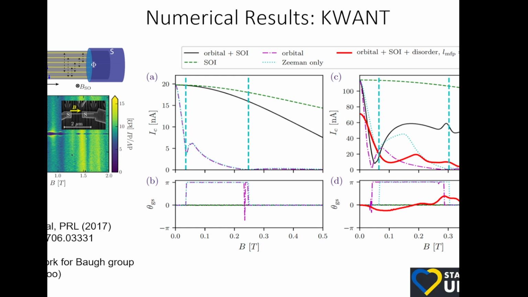But that's sort of below the one subband regime. So the Coulomb interaction is sufficiently screened. Yeah, sufficiently screened. That's right. In principle, but it's not part of this calculation. The electron-electron interactions are not in this calculation. They are working on it, I think they already have an update where you can do it.